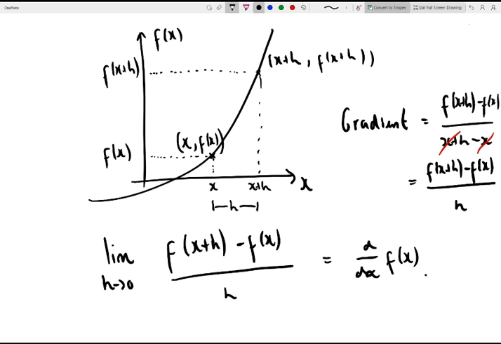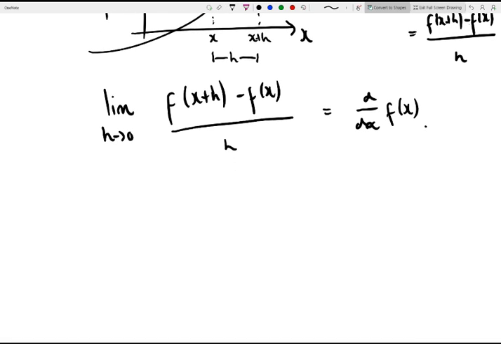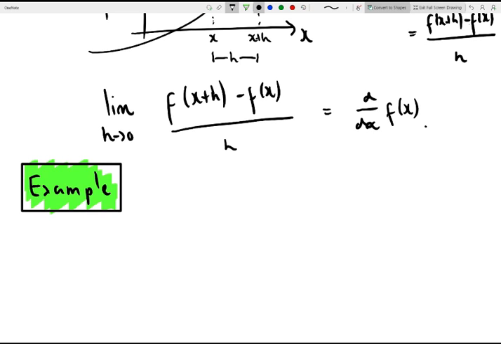So let's do a particular example using differentiation from first principles.